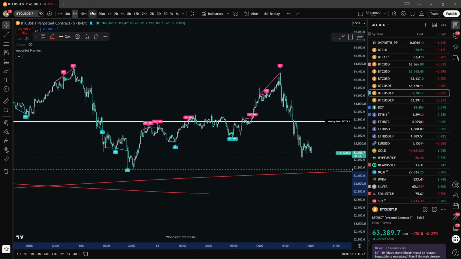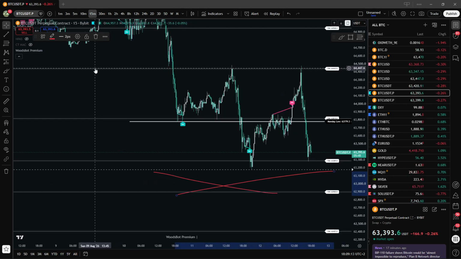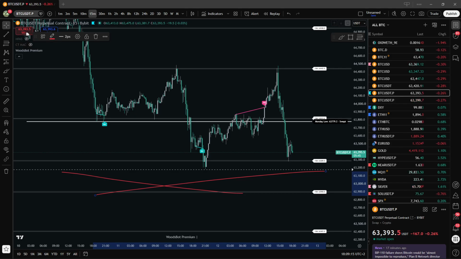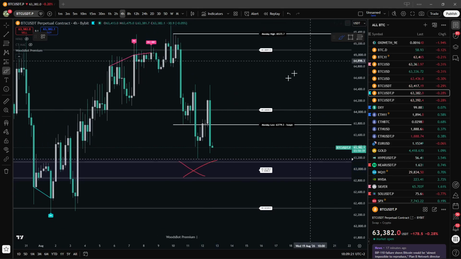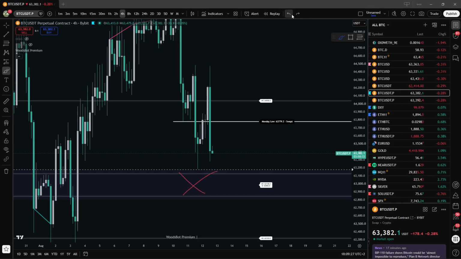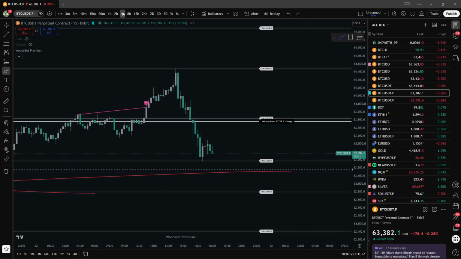Usually I like to see 15-minute bullish divergence before I say, okay, this could be a local bottom. So I didn't long this. I know other people longed it, but I still want to see Bitcoin reach this confluence zone right here with some bullish divergence. So I'm not in a long, but I am in a short position.